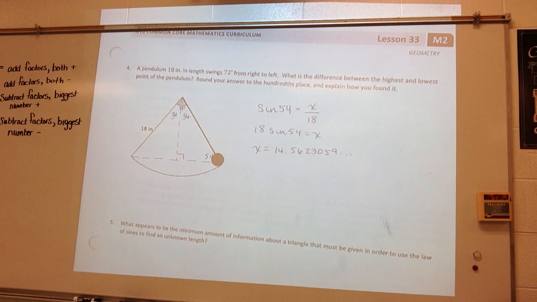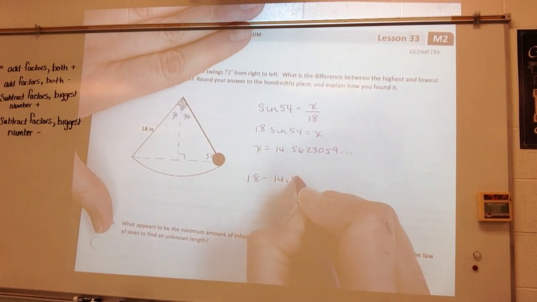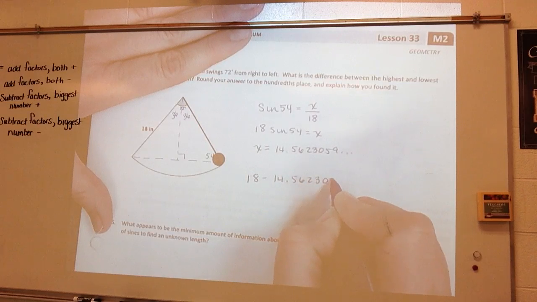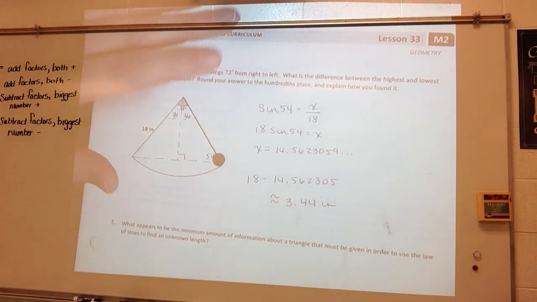So the difference between these 2 points is approximately what? Well, 18 minus 14.56230059 would give us approximately 3.44 inches.